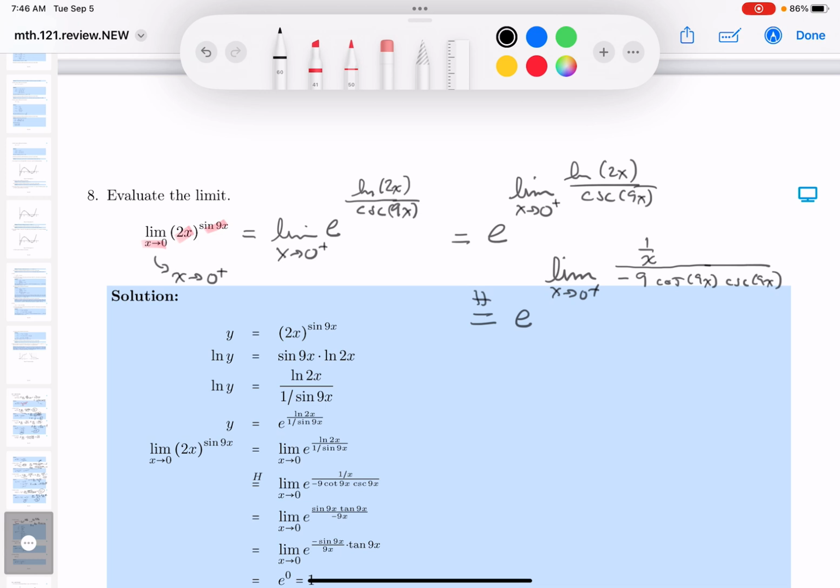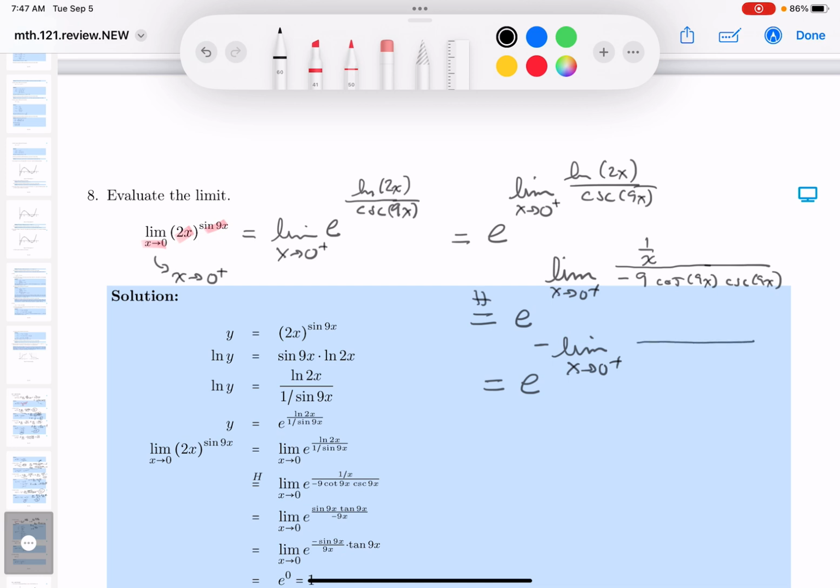Now, I'm the kind of person that likes to rewrite things because I don't like the way that looks. So I'm not using L'Hopital's, I'm just going to rewrite it. E, the limit as x goes to 0 from the right. I'm going to put the minus sign on the outside, and I'm going to write this a little bit differently.